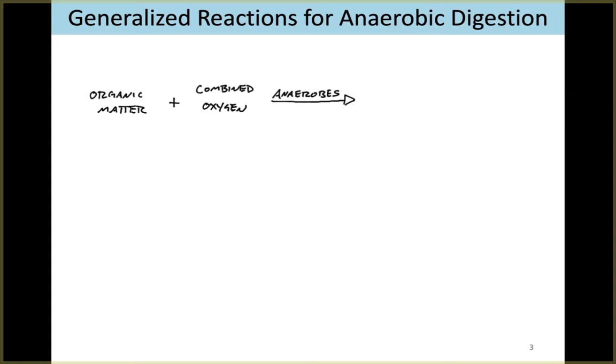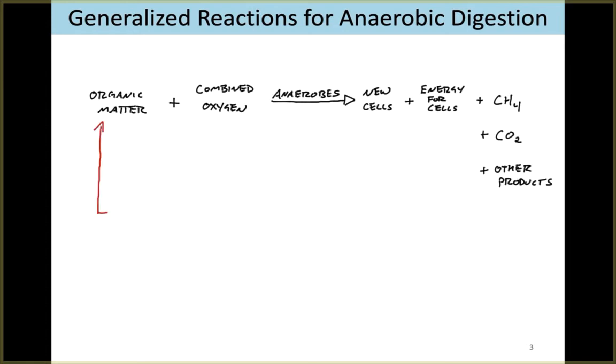And the anaerobes, the bacteria who will thrive in those conditions, will use the oxygen out of those combined molecules to produce new cells for cellular respiration, and will generate a host of other products, notably including methane gas, carbon dioxide, and several other minor products.